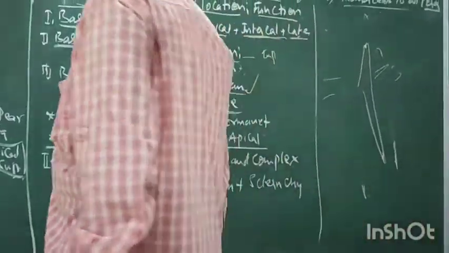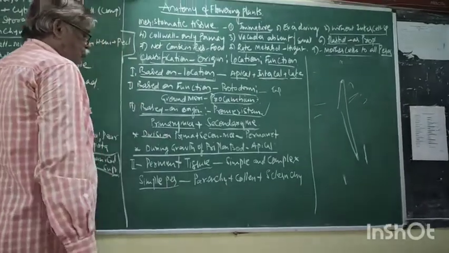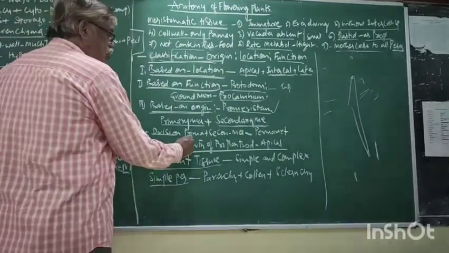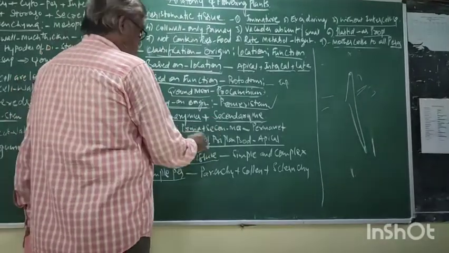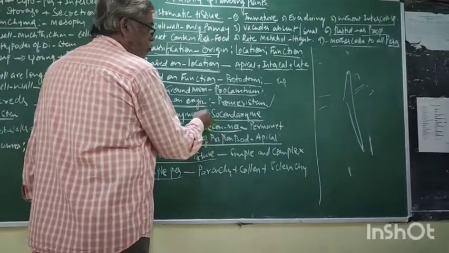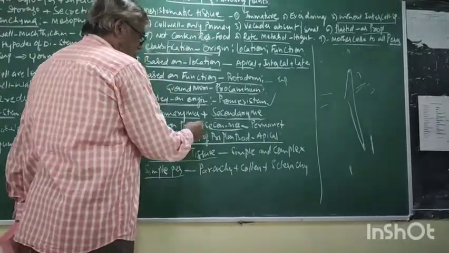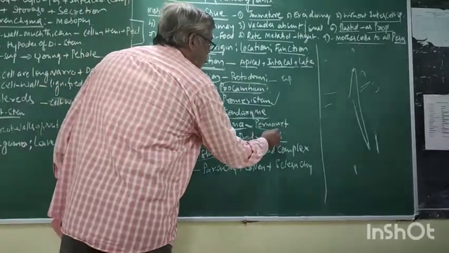Now come to division. Primary meristem and secondary meristem, which are present in the plant body, undergo division and form permanent tissue.